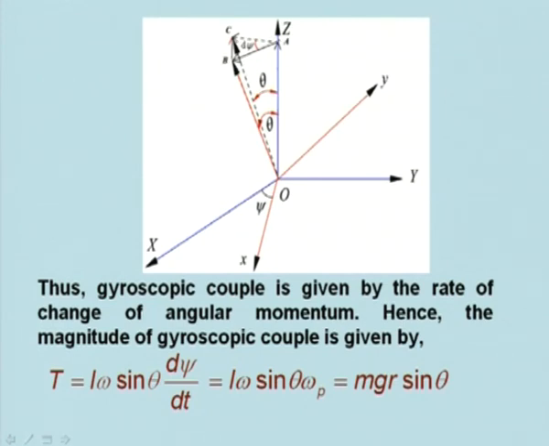Here the I omega sin theta component is the one changing, while the vertical component along the z direction is not changing. So one component is along this, another component is along this.